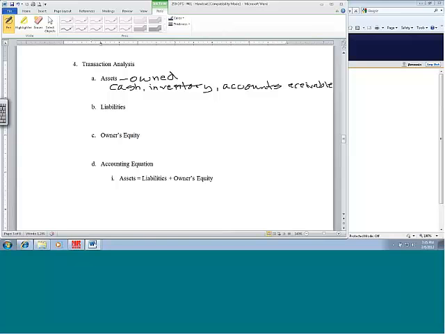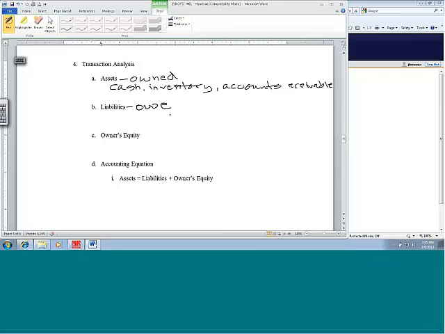And then we have liabilities. And liabilities are the rights of creditors to the business, or in other words, what we owe to others.